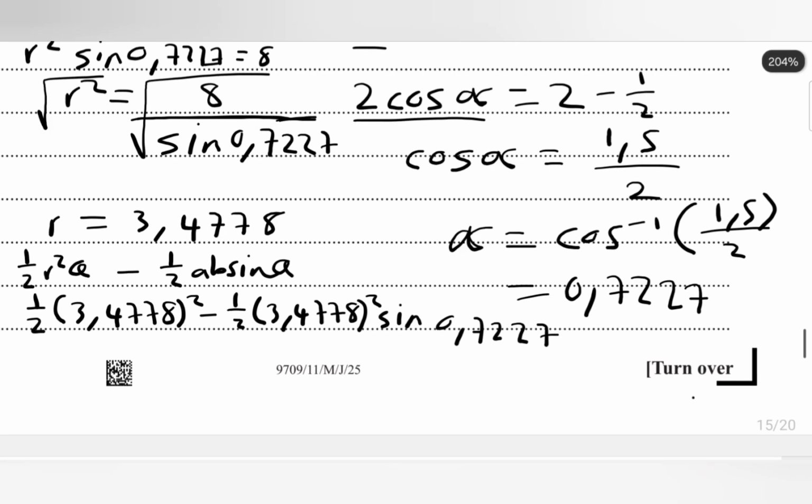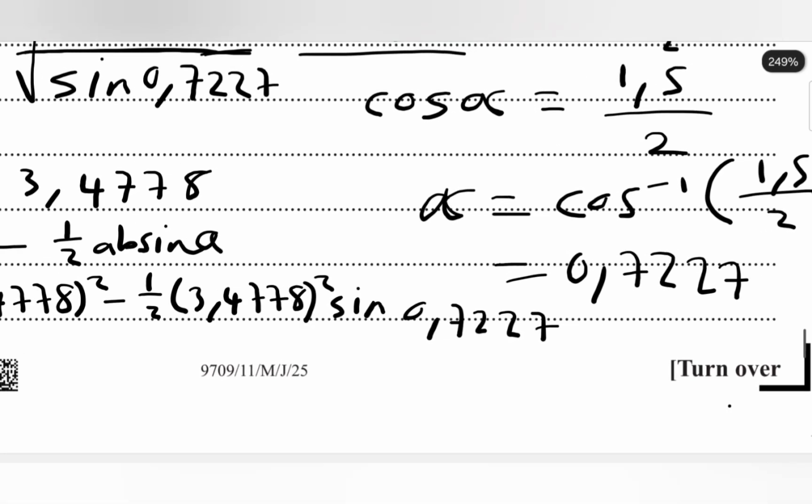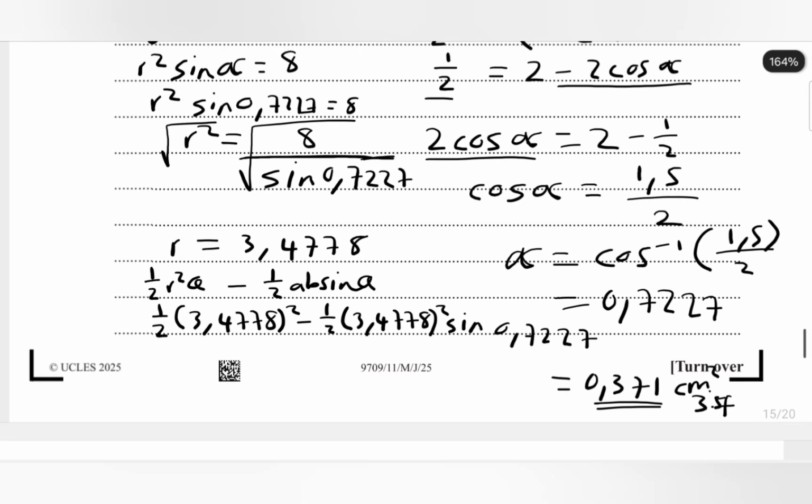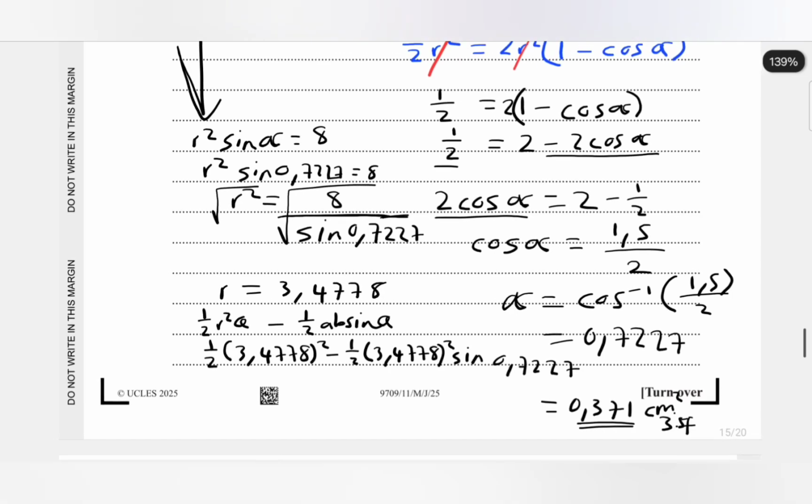And this will come down to 0.371, correct to 3 significant figures, and this is square centimeters, right? And that will be it for this question. I hope it was clear enough.